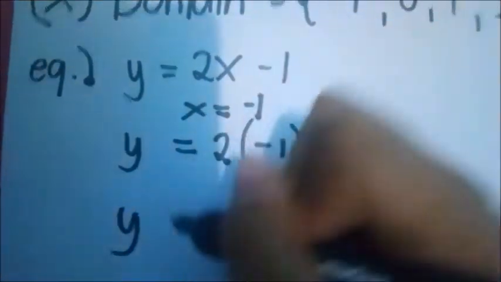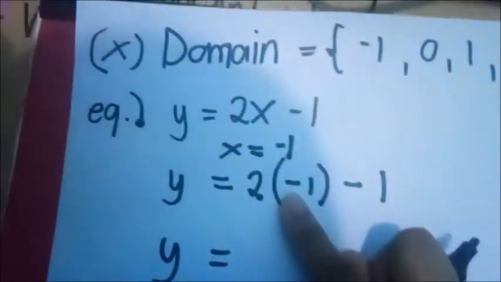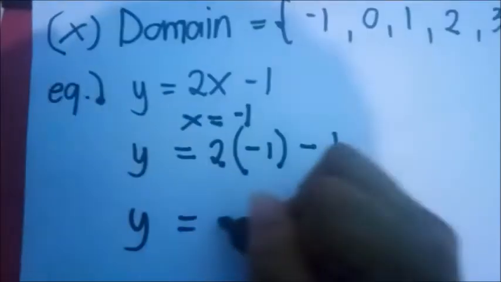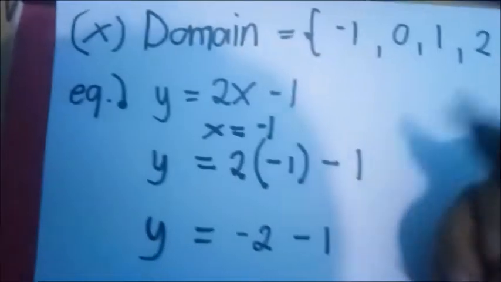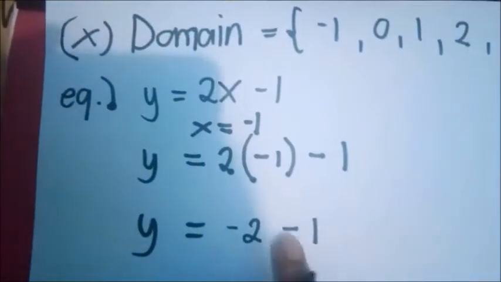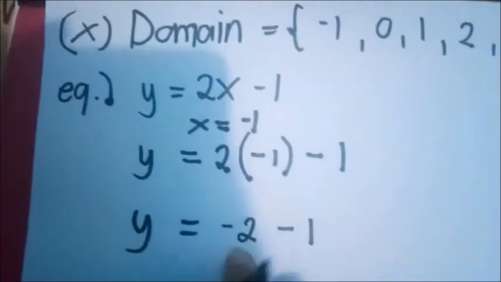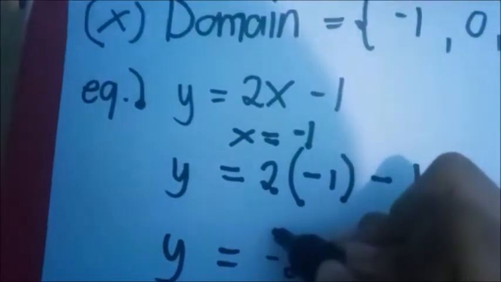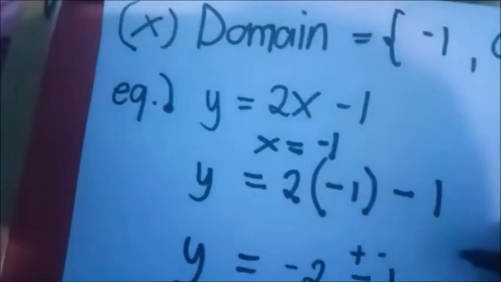So y equals, what is 2 times negative 1? We have negative 2. Very good. Minus 1. Negative 2 minus 1. Again, keep, change: keep the negative, and it becomes positive, and it becomes negative.